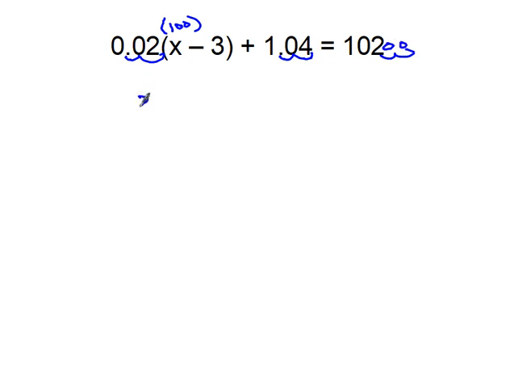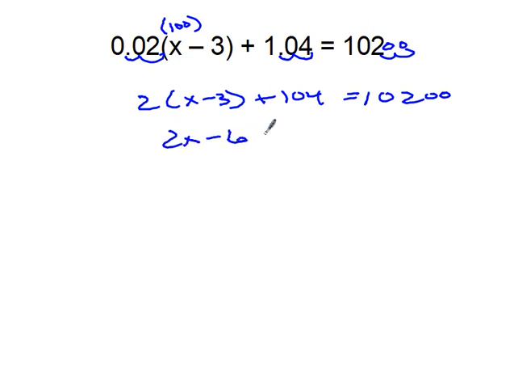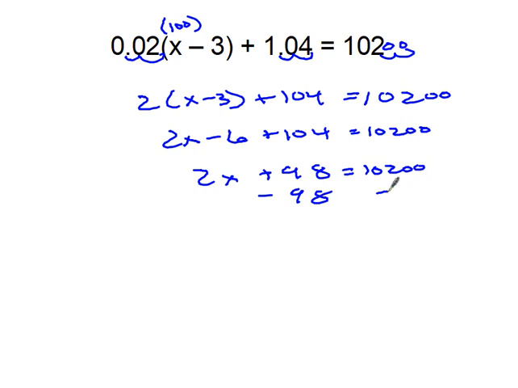So it's really just 2 times x minus 3 plus 104 equals 10,200. I'm going to do my distributive property. We'll combine like terms here. That makes 98 when I combine these. Subtract 98 from both sides.